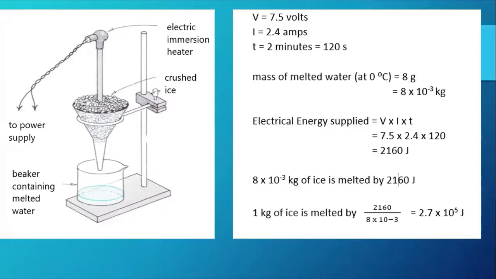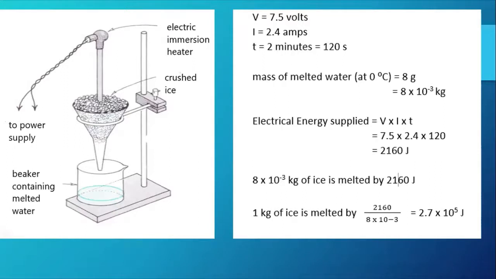We've got the voltage, the current, the time, we've got the mass of the melted water, we know the electrical energy supplied, V times I times T, and that works out to be 2,160 joules in this example.